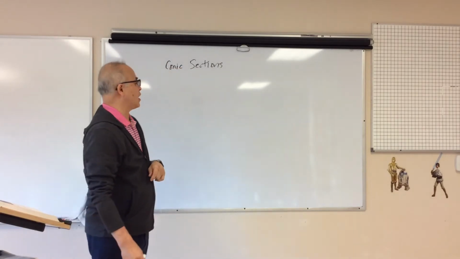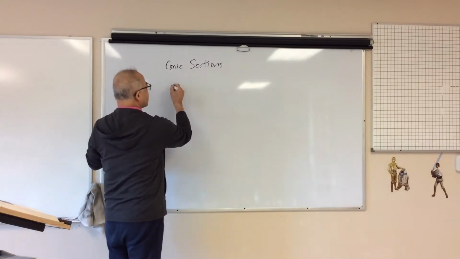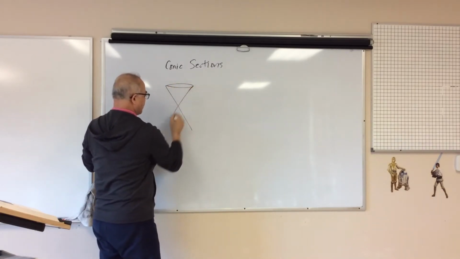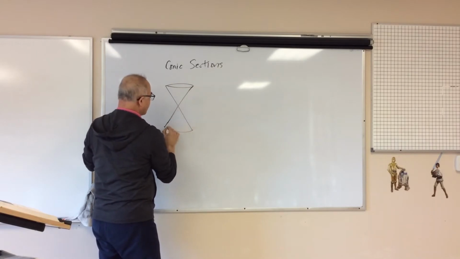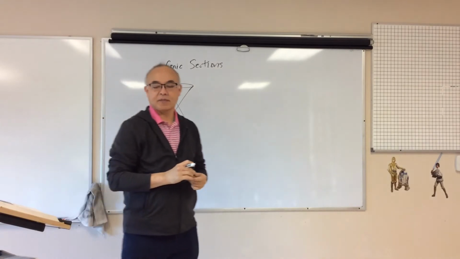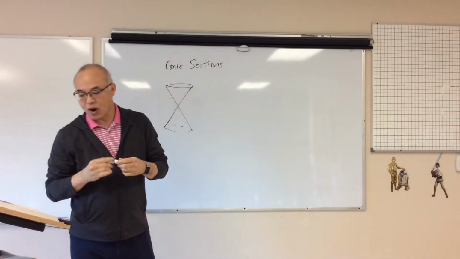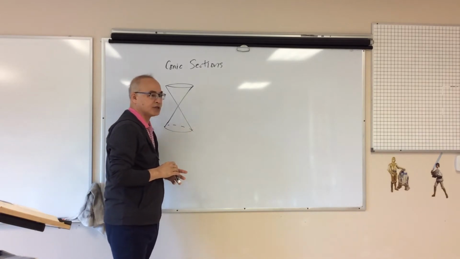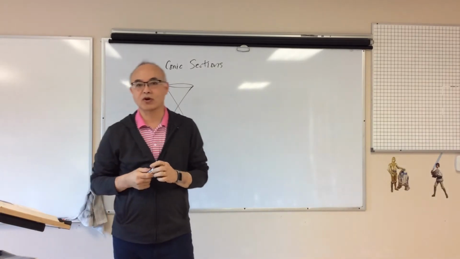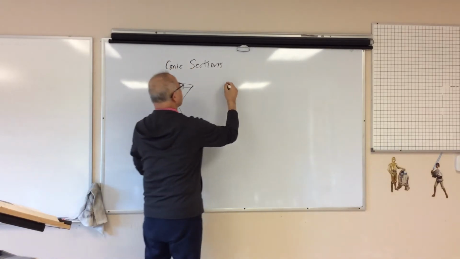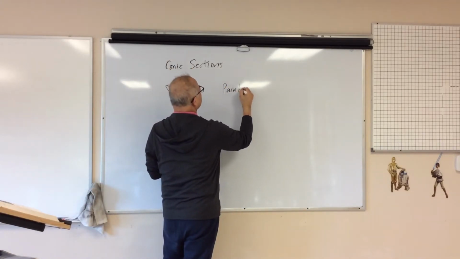The reason why it's called conic section is because if you were to place two cones back to back in this manner, you can derive or find the three separate curves that we'll be talking about. The first one is the parabola, which actually you already know.